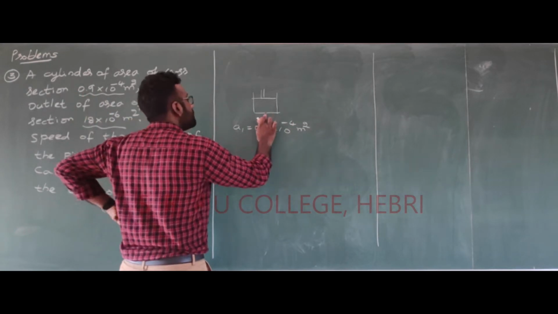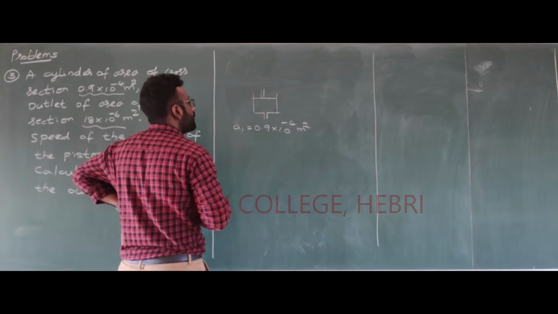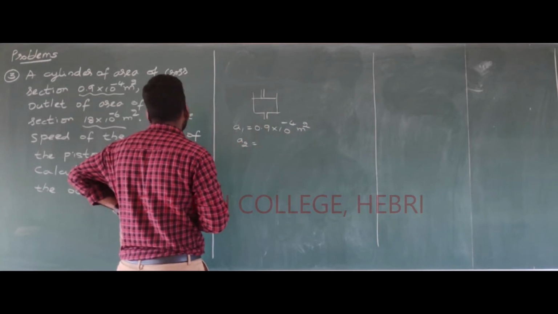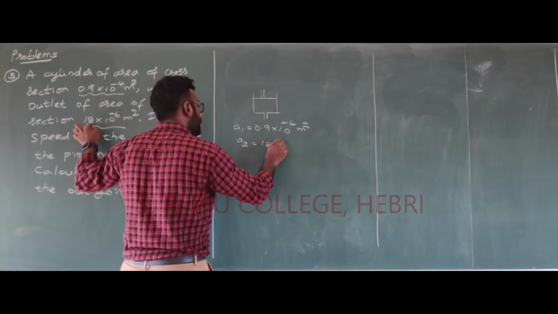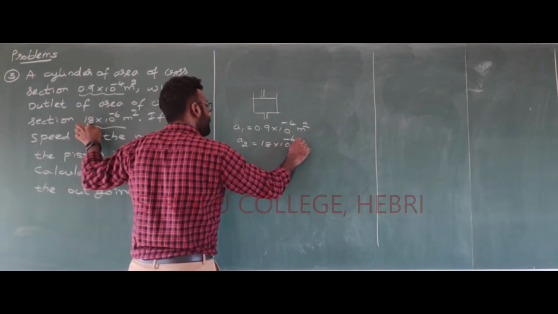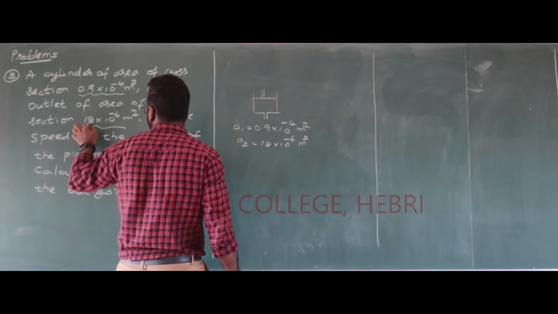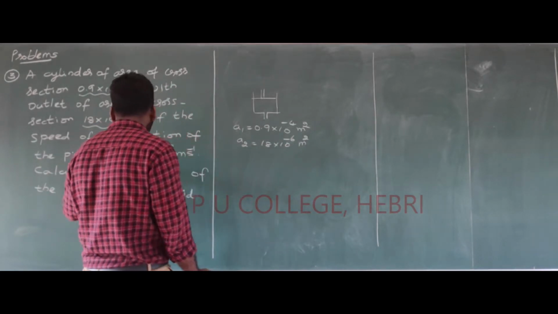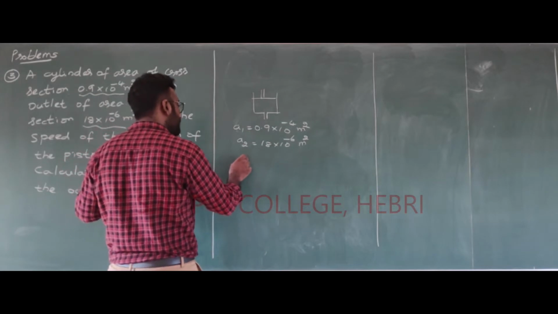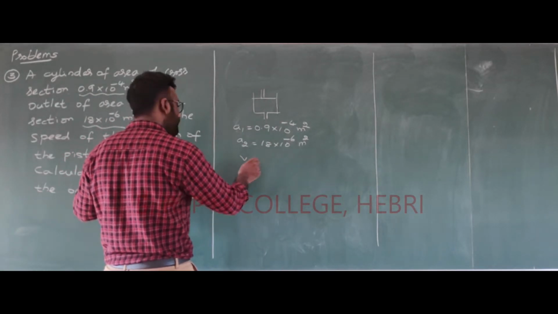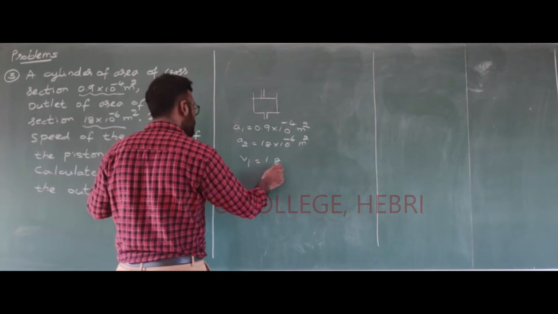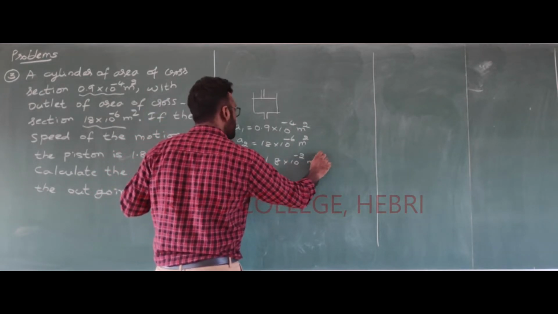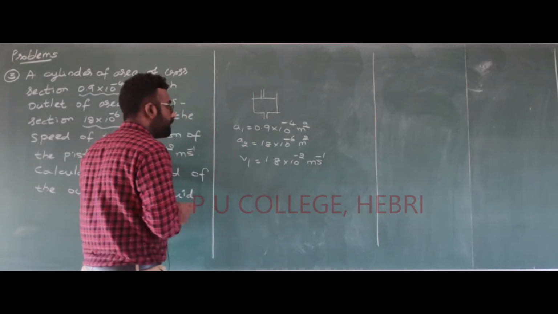It has a small outlet over here with area, what is it? 18 into 10 to the power minus 6 meter square. Now the speed of the motion of the piston, we will take it as V1, that is equal to 1.8 into 10 to the power minus 2 meter per second.